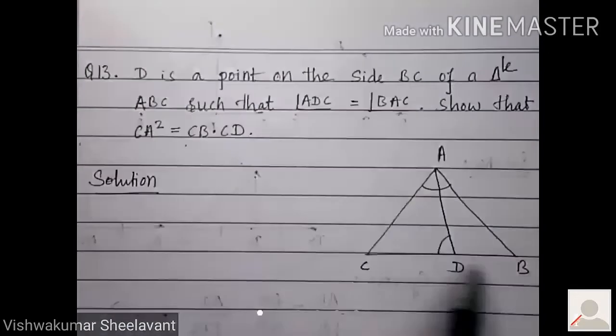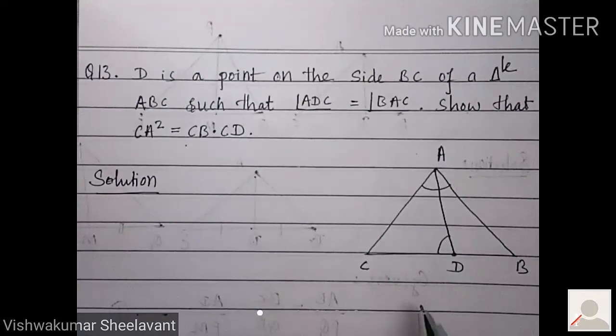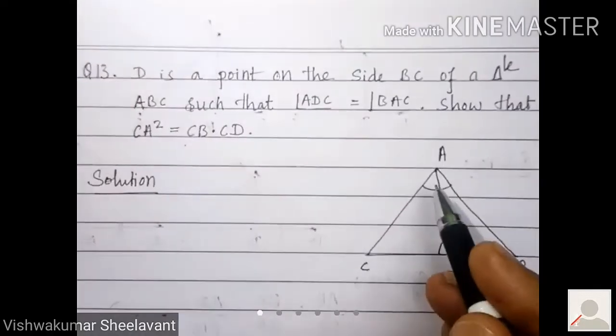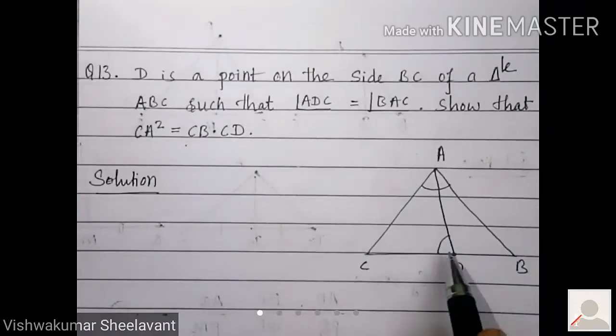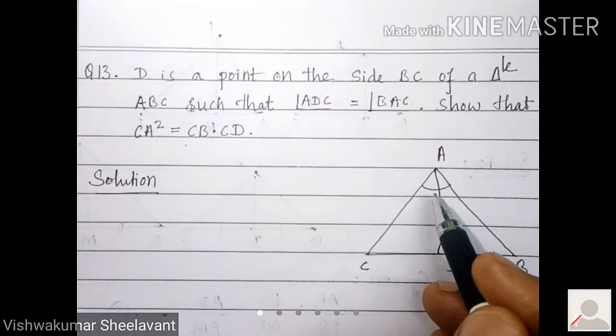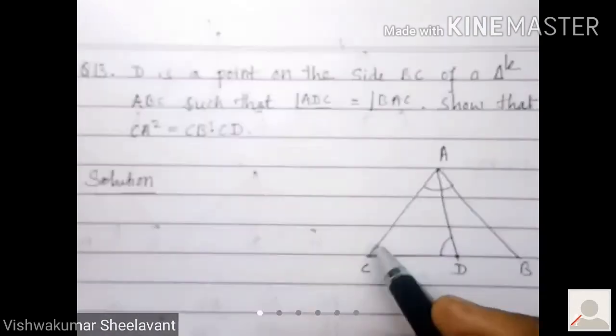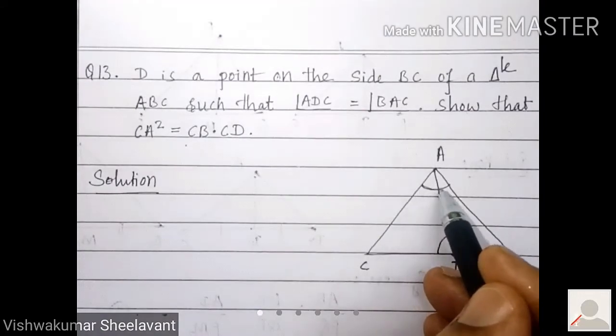Triangle ABC. In this triangle, D is point on BC such that angle ADC formed here at D is equal to angle BAC that is formed at A here.